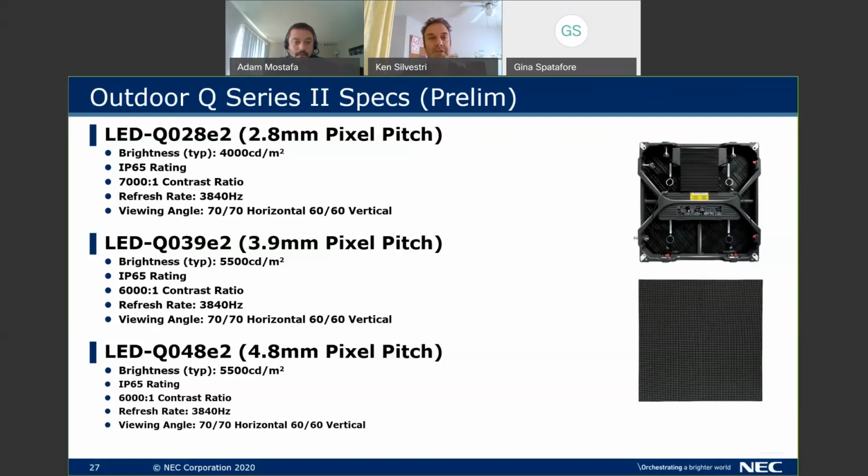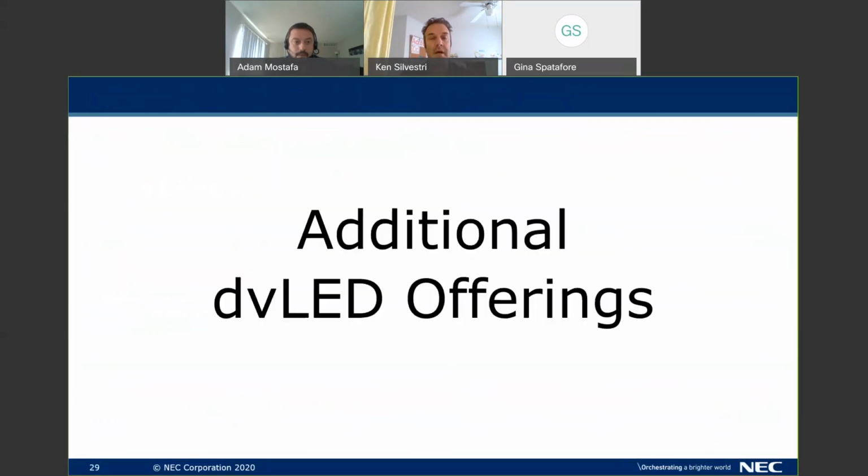Product comparisons on here, I'll just hop over these. Additional dvLED optics. This is the point where I wanted to let everyone know that NEC acquired a German-based LED manufacturer called Quadrant a few years back. A lot of the products that they have do not have NEC branding on them. We do have an option right now to offer products that may or may not necessarily be NEC brand at this point.